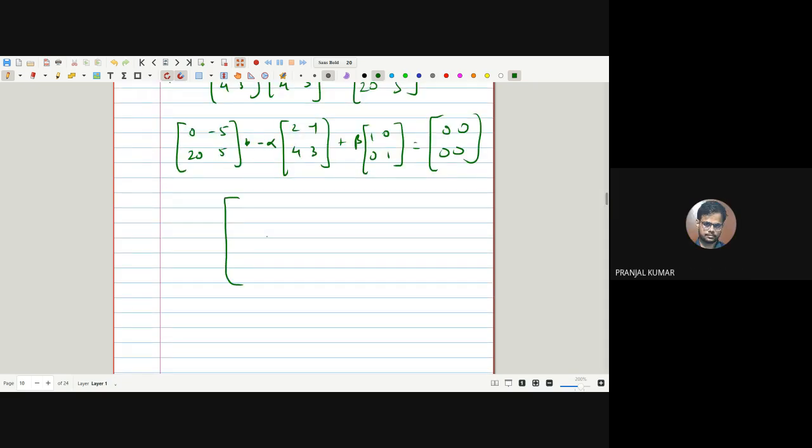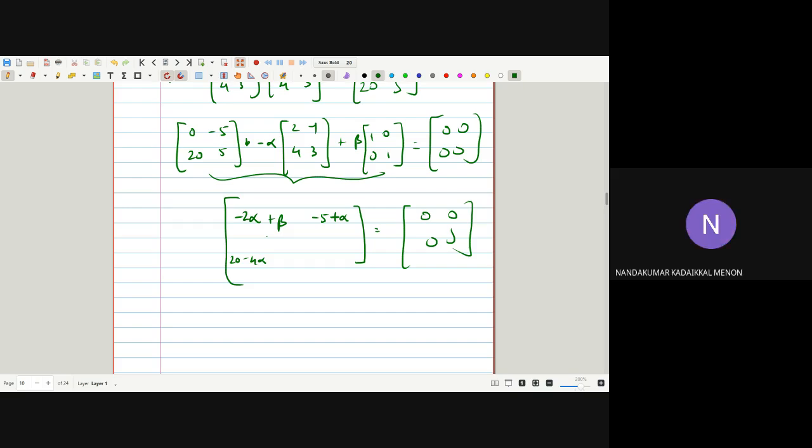You will get -2 alpha plus beta, then -5 plus alpha, sorry, I'm adding these matrices. That's how this matrix is coming. So 20 minus 4 alpha. Then you have 5 minus 3 alpha plus beta.